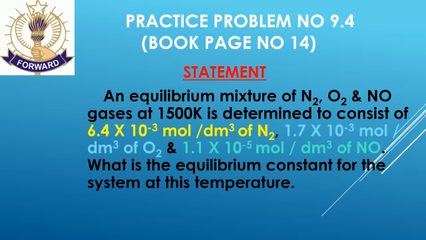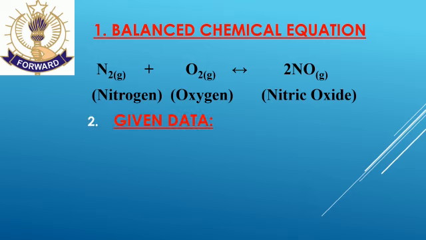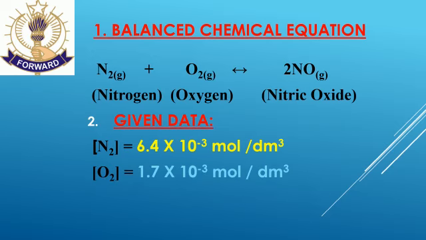Let's start the solution. First we will write the balanced chemical equation, that is nitrogen plus oxygen will give you the nitric oxide. Second step, that is given data. We have the concentration of nitrogen, concentration of oxygen and concentration of nitric oxide. We can get it from the statement as it is already mentioned there.